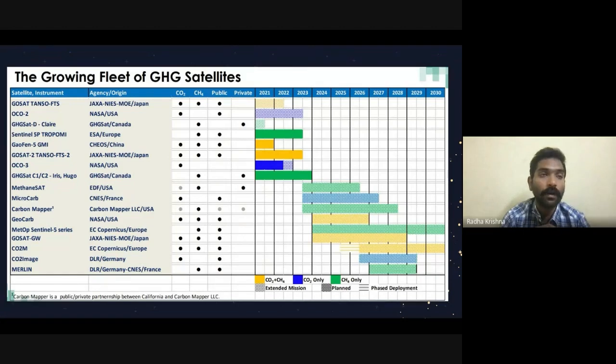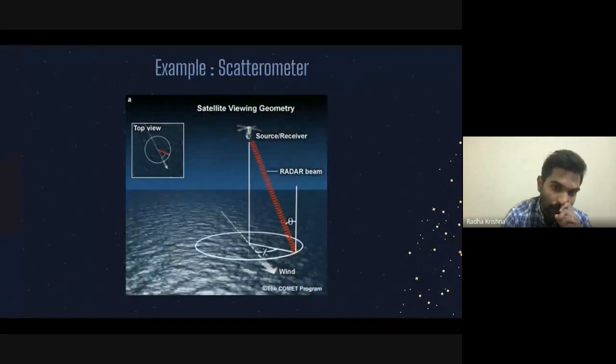We can also see plants are going to give less yield when the temperature is increasing, and all sorts of things, right? So that is very important to understand, and this is why a lot of agencies and even private agencies have launched satellites that are sampling these gases, right? So you can see CO2, CH4, and when they were launched.